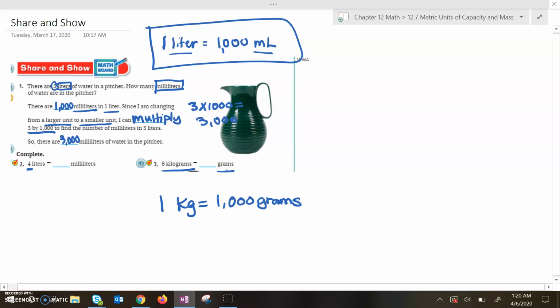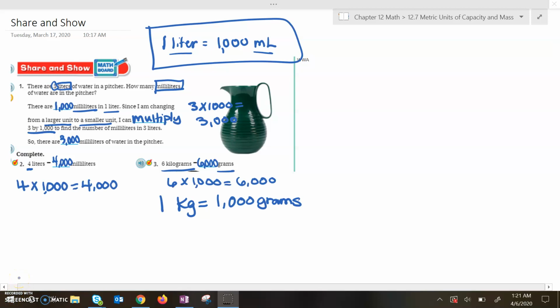Go ahead and pause, solve, and check your answers. After solving, we know that 4 times 1,000 equals 4,000. So 4 liters equals 4,000 milliliters. We know that 6 times 1,000 equals 6,000. So 6 kilograms equals 6,000 grams.